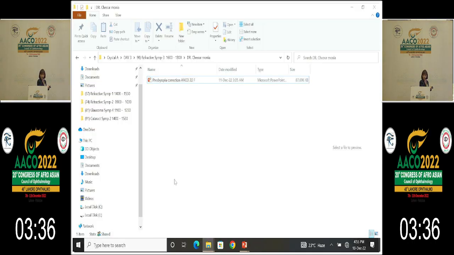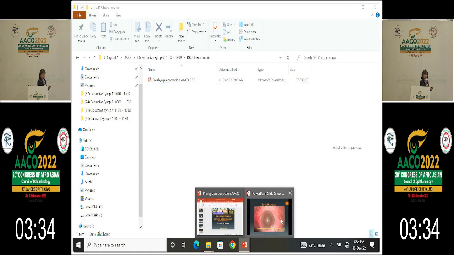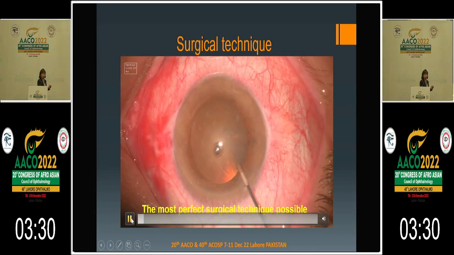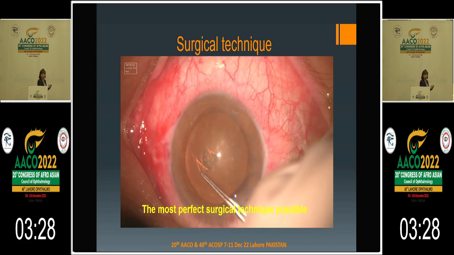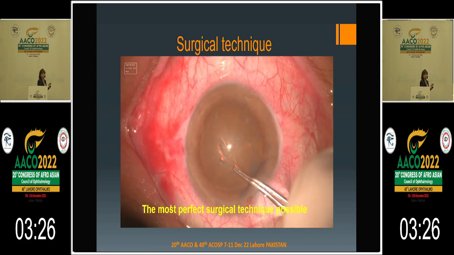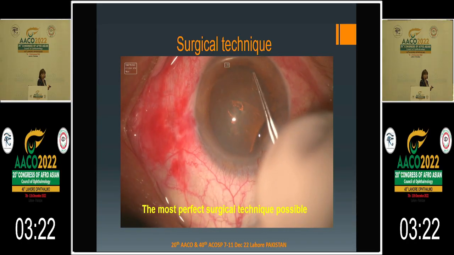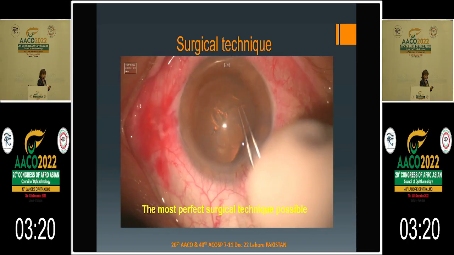And the rhexis must be perfect, round, and well-centered, and the size must be about 5 or 5.5 millimeters.